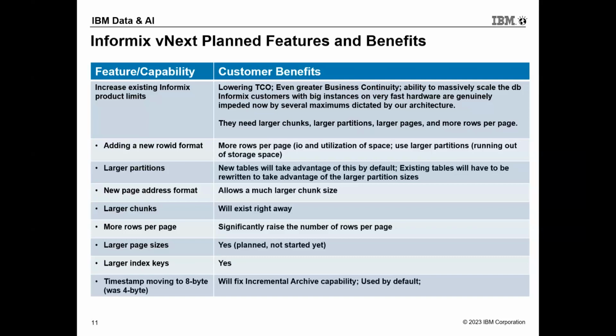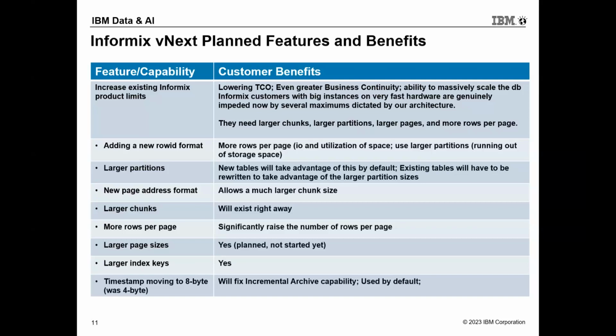There'll be more rows per page, significantly raising the number of rows per page. Larger page sizes are planned, but at this moment, as of right now, we have not actually started that work yet. So that will be likely one of the things that will happen in future fix packs.